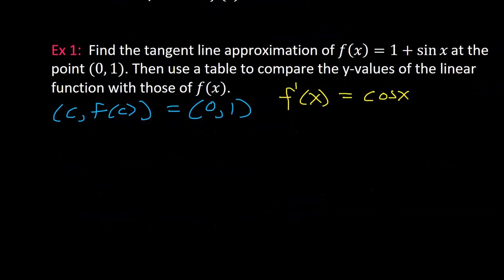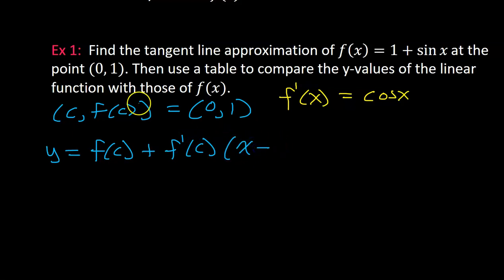Now we can go ahead and set up the equation of the tangent line, which is going to be y equals the y value, f at c, plus the slope, which is f prime at c, and then times x minus the x value, which is c. So I've just recopied the formula.